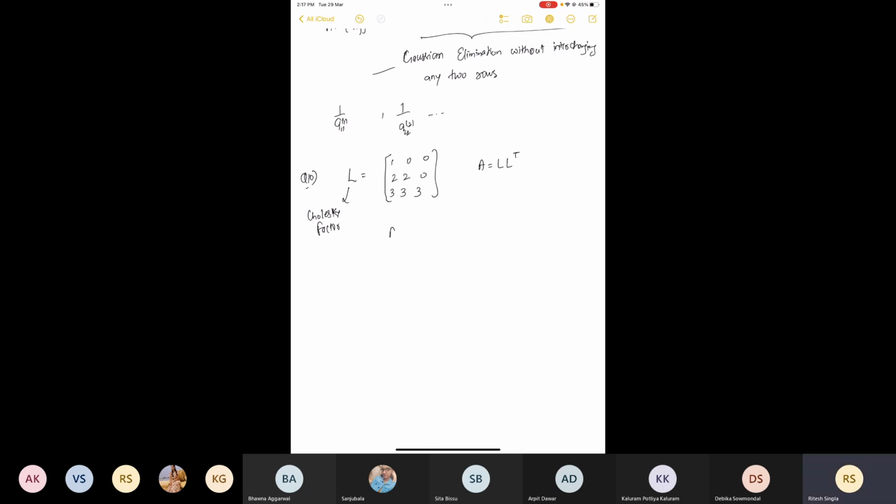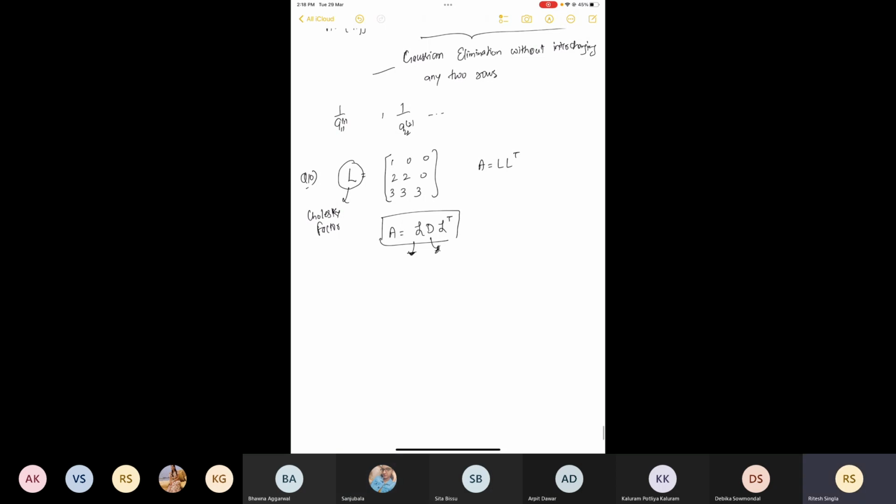The question is asking you to write A is equal to some new matrix L into a diagonal matrix D and then L transpose. So were you able to find these L and D? Or are you aware how to get this L and D using this L? No, sir.